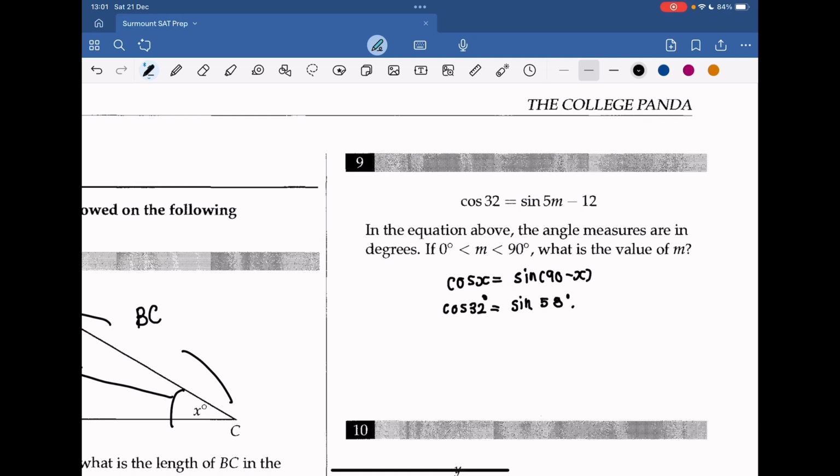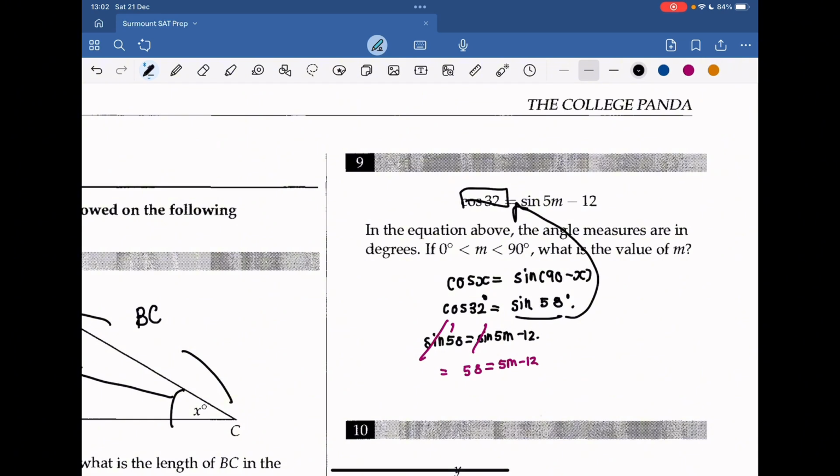So they're both in degrees, and we know that they're both set equal to each other. Now we can replace this cosine 32 with our sine 58 and solve for m. So we have sine 58 is equal to sine 5m minus 12. Now we can cancel out the sines, and we're left with 58 is equal to 5m minus 12.